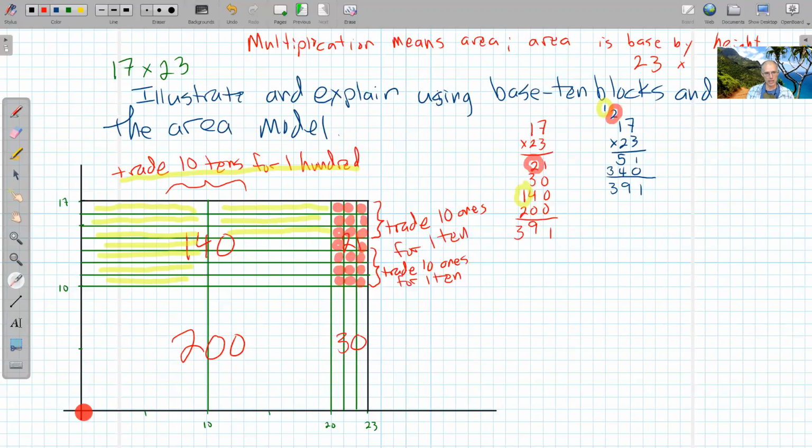So for 23, I have 1, 2 10s, and 1, 2, 3 1s. And that's important because I'm supposed to use base 10 blocks here. For the 17, I have to clearly show that I have a 10 block followed by a whole bunch of 1s. How many? 7 of them. I'm going to turn off the grid for just a second.